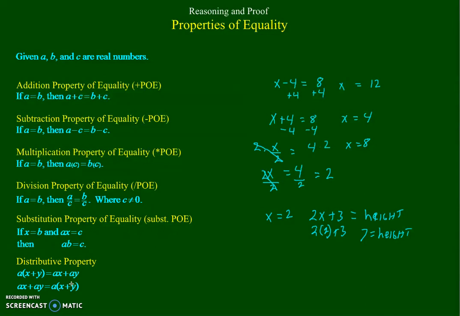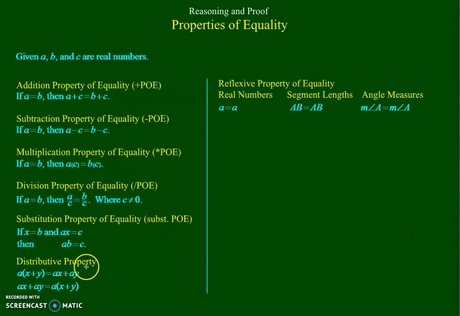Let's move on to another set that you probably haven't seen before. This first property is called the reflexive property of equality. Now, every time I bring this up, I run the risk of people misremembering the name of the property. And if you look at this, what it's saying is that the value is the same on both sides of the equal sign.